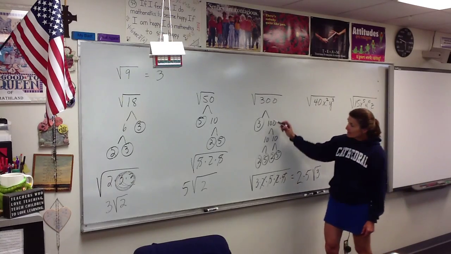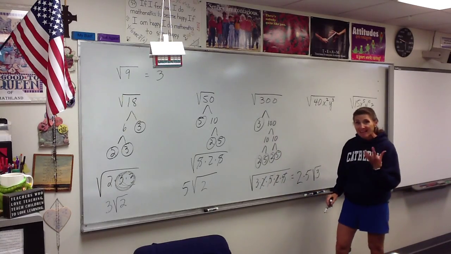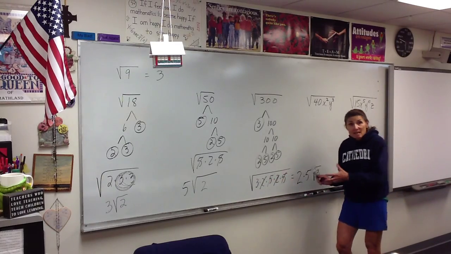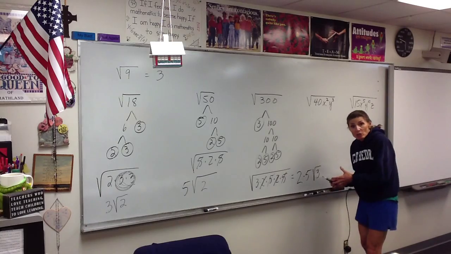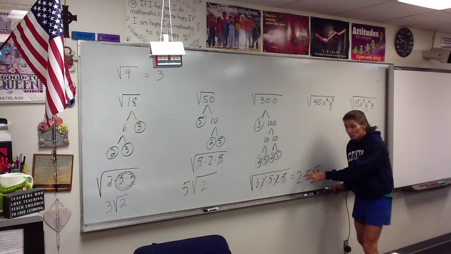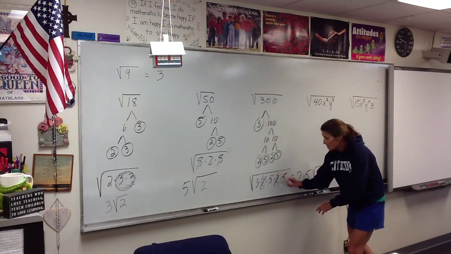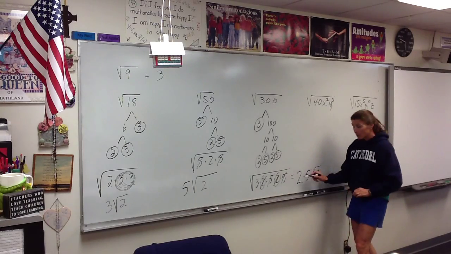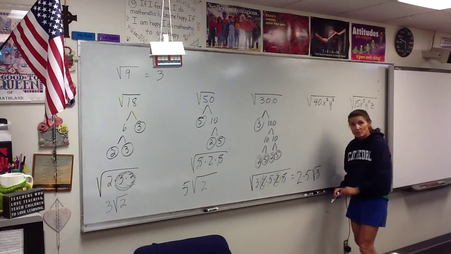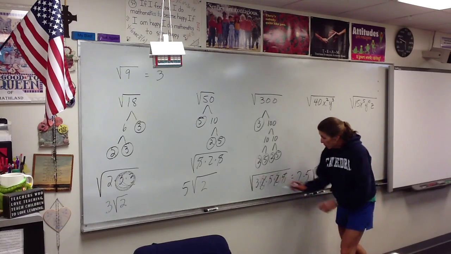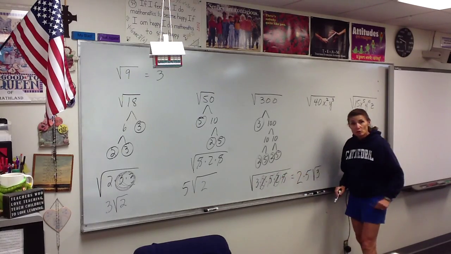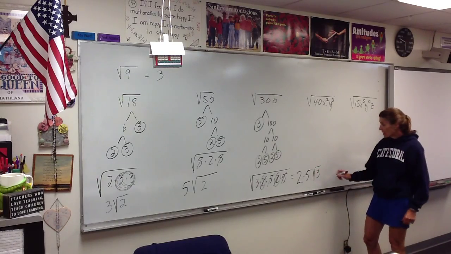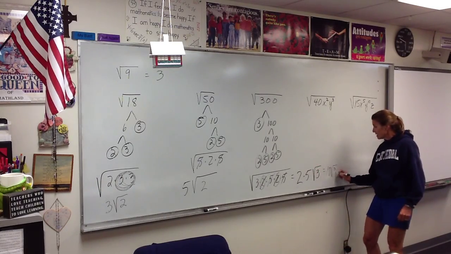Now, when you break this down into its prime factors, you are multiplying, right? So this is a multiplication situation. If you pull out a 2, because there were 2 of them, 2 times 2 is 4, and the square root of 4 is 2. And then you pull out that 5, because there's 2 of those. Those numbers get multiplied. So your answer is 10 radical 3.